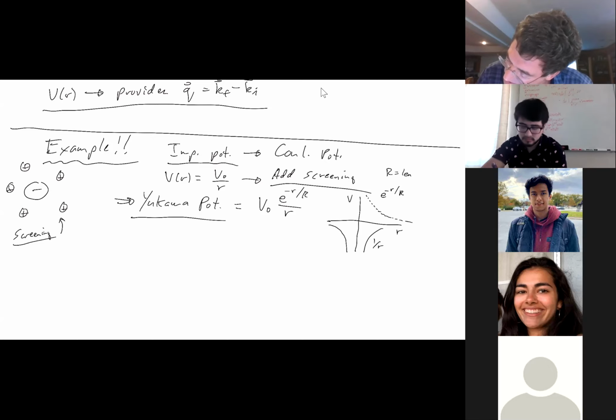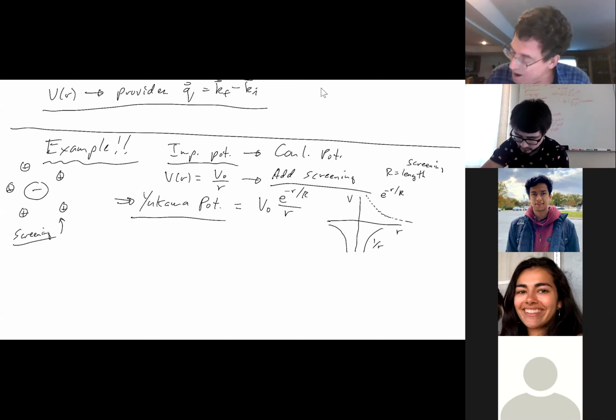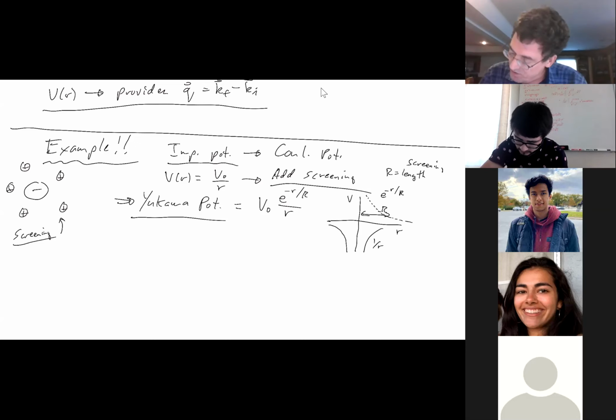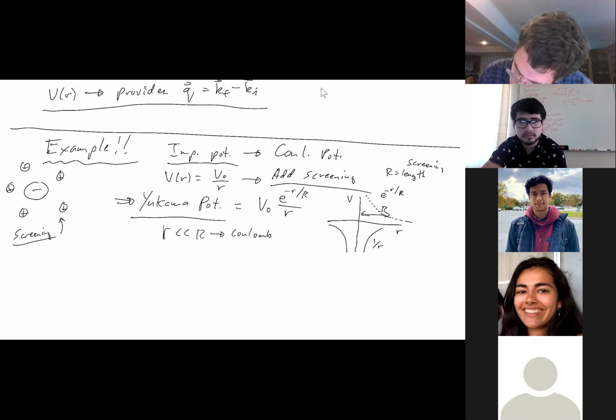Length scale is big R. And that length scale is called the screening length. And the bottom line is that out past this screening length R, the potential goes to 0. The potential drops quickly. So for R less than big R, it looks like a Coulomb potential. But for R much bigger than big R, then it goes to 0.